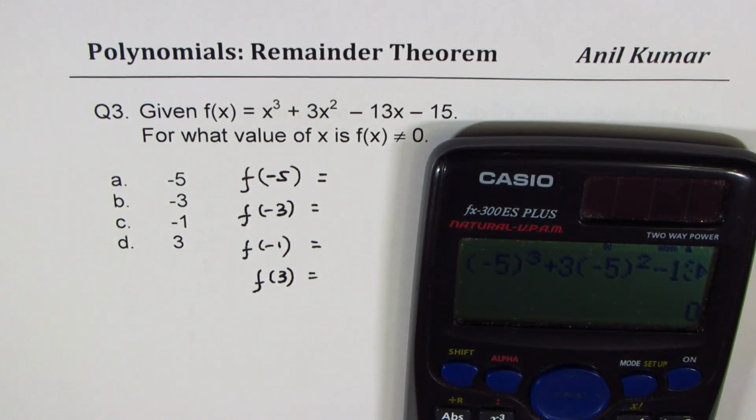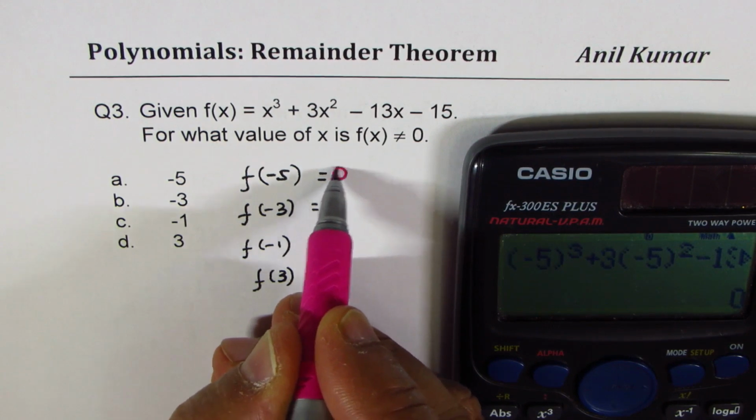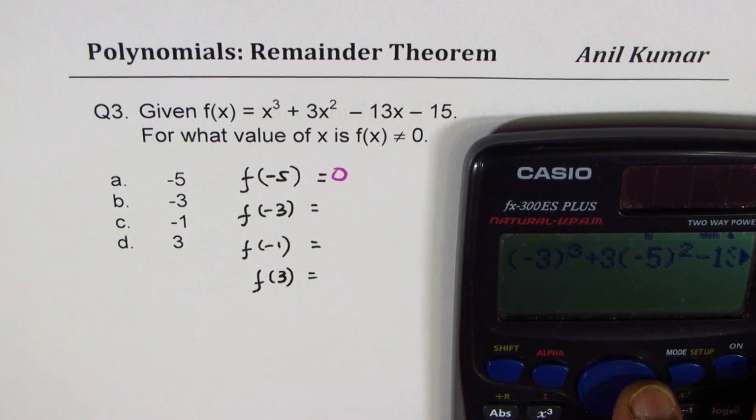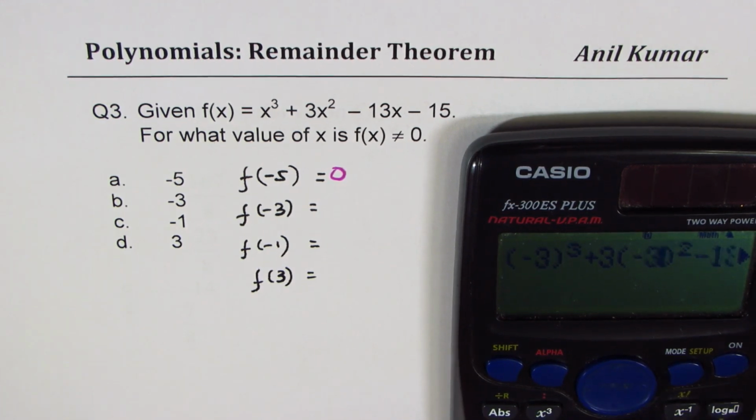So this answer, we got 0. Now we will substitute minus 3 instead of minus 5. If you have a scientific calculator, this is not a very time-consuming calculation, right? So let's replace all this minus 5 by minus 3.